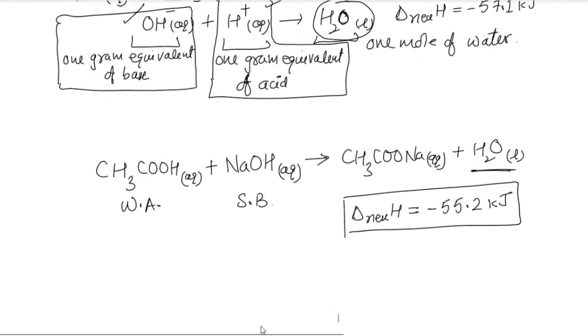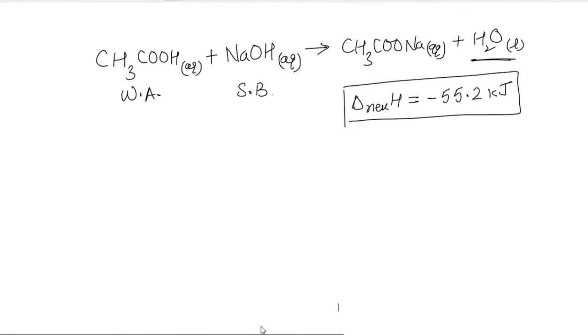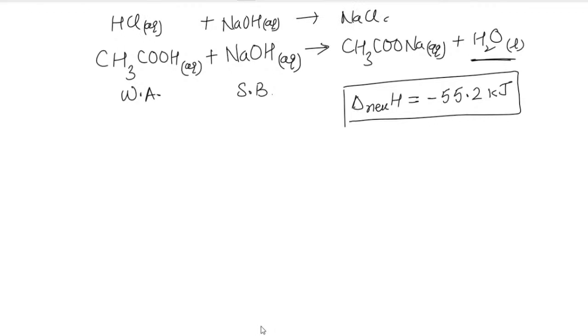So tell me where the value goes, because in case of strong acid and strong base, when we have NaOH aqueous along with strong acid like HCl, what is the value? Minus 57.1 kilojoule. So tell me this difference in value, why is there a difference?